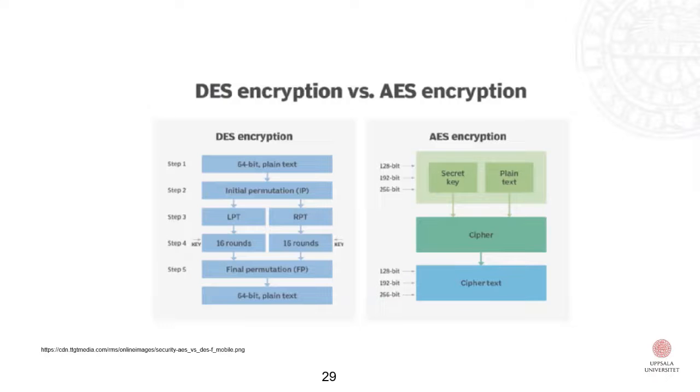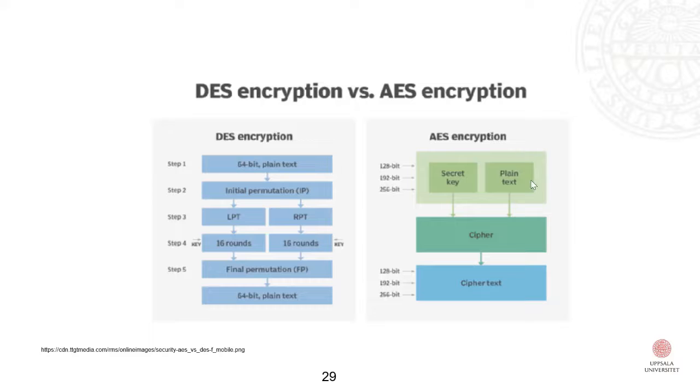So here is a high-level illustration of how DES and AES work. The cipher takes the plain text and does some initial permutation on it based on its key, and then it divides into two chunks, and then it goes through 16 rounds of other permutations and substitutions, and then it comes up with the ciphertext.